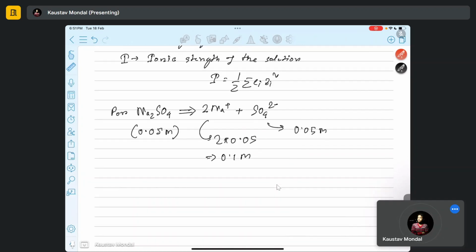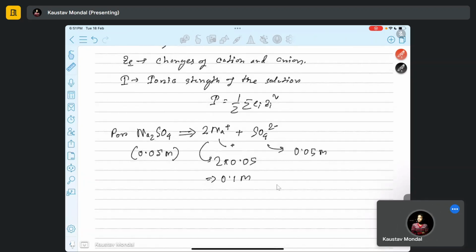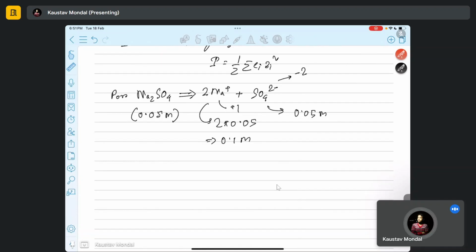So now the charges, right? Sorry, this has +1 charge and this has -2 charge. So the ionic strength should be half into 0.1 into (+1) squared plus 0.05 into (2) squared, right?